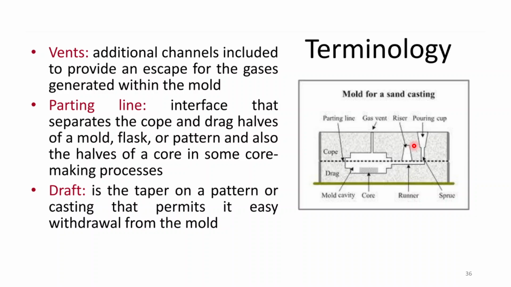Next you have draft. It is taper on a pattern or casting that permits its easy withdrawal from the mold. So draft will be, for example, if you taper your pattern, then it will be draft, the taper of the pattern.